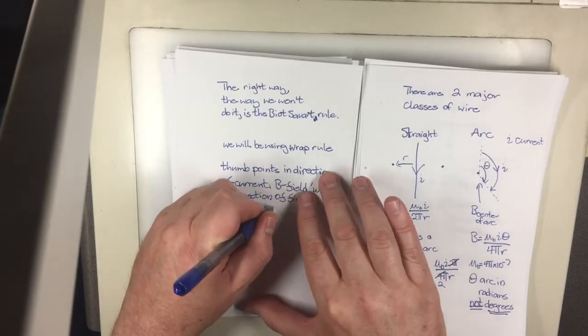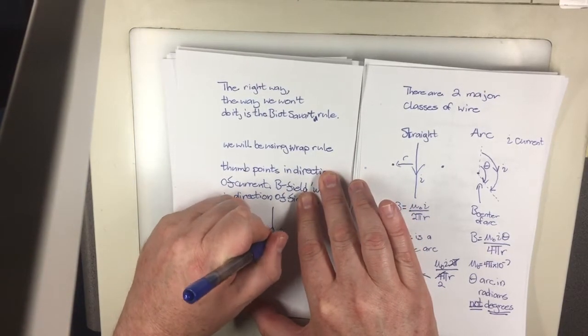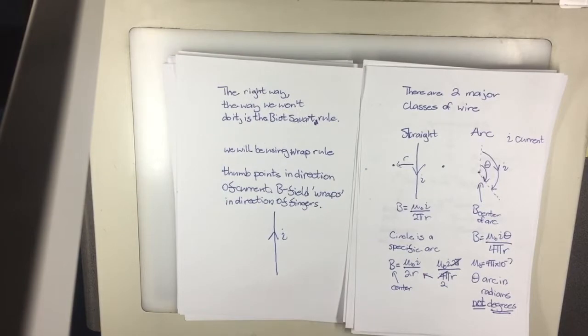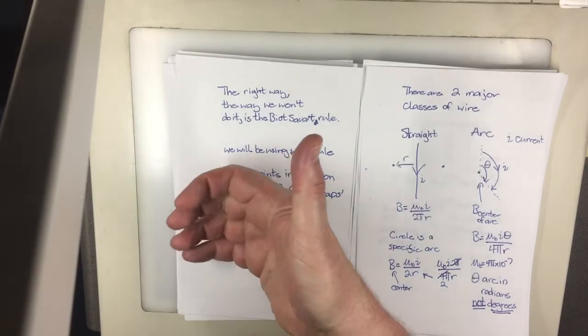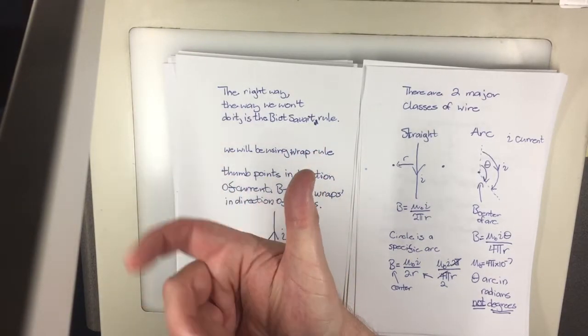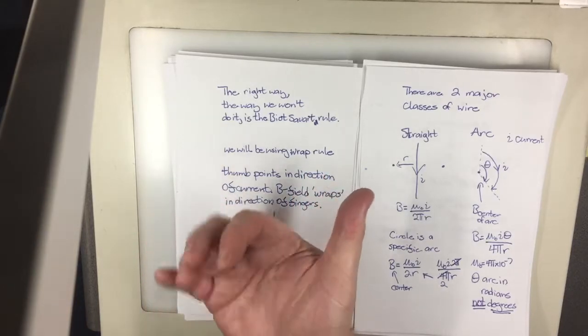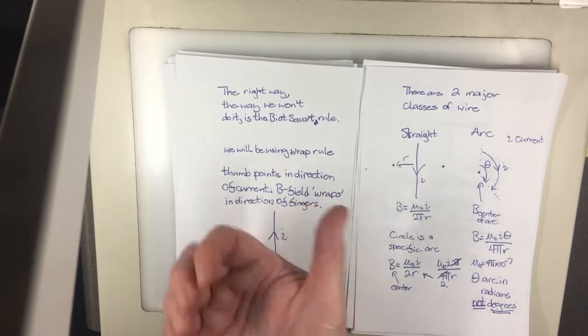If you have a wire with current I, and you want to know where does the B field go, you put your thumb in the direction of the current, and see how my fingers come out of the page on the left-hand side.